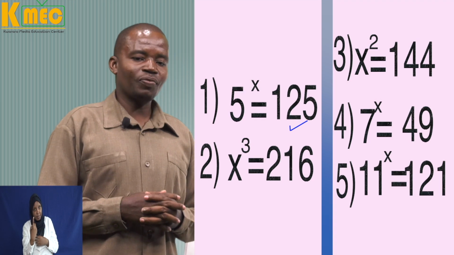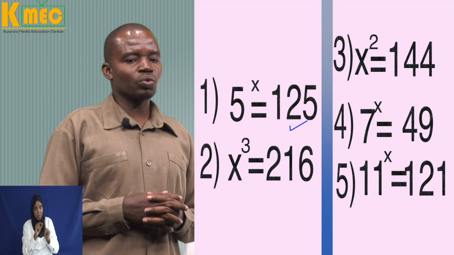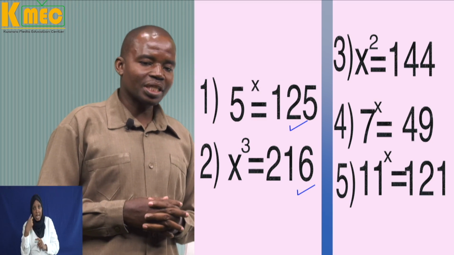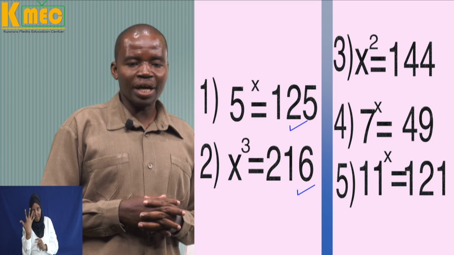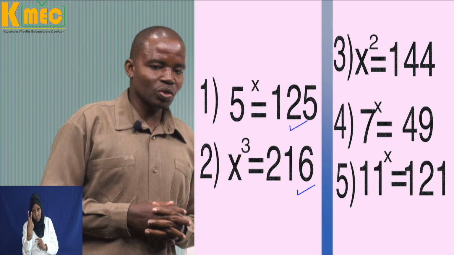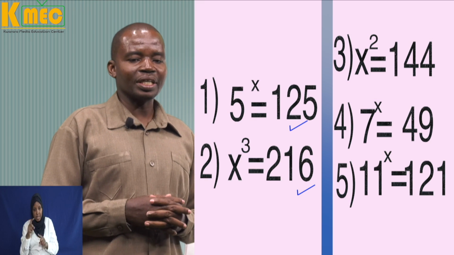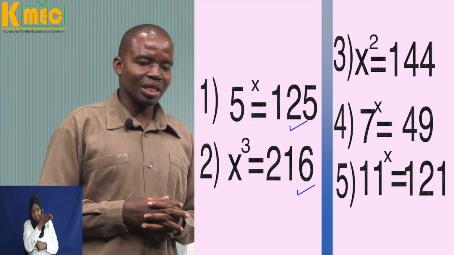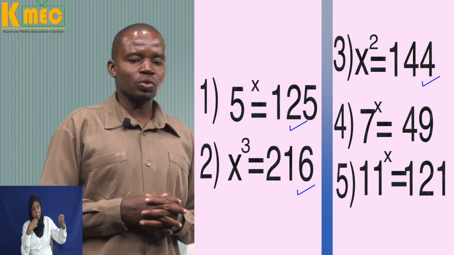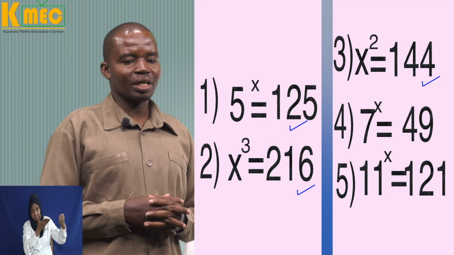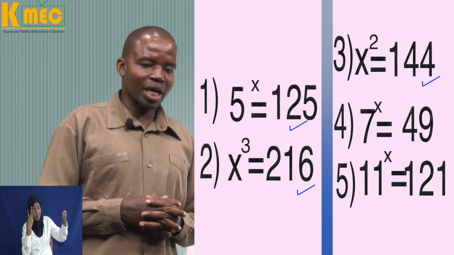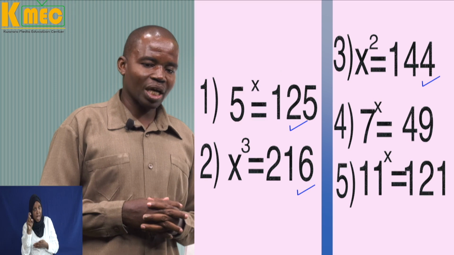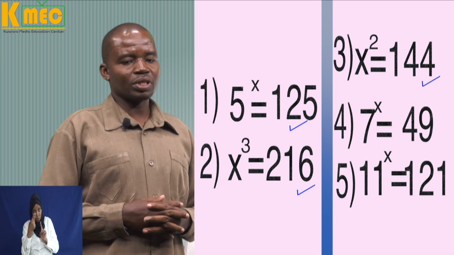Number 2, x exponent 3 is equal to 216. Number 3, x squared is equal to 144.